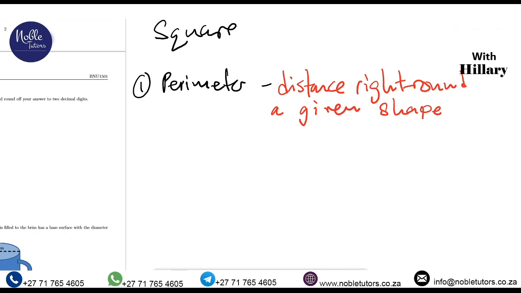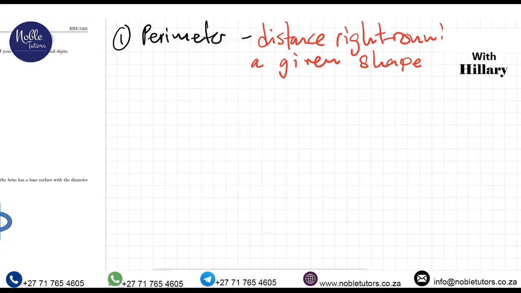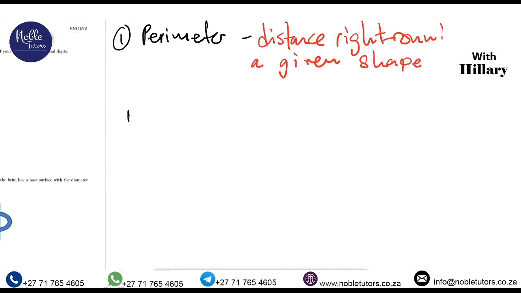So having said that, we now need to know that the perimeter of a circle is 2 pi r.